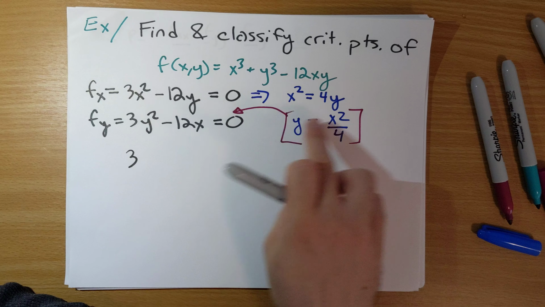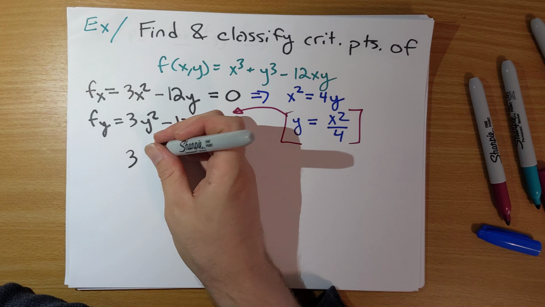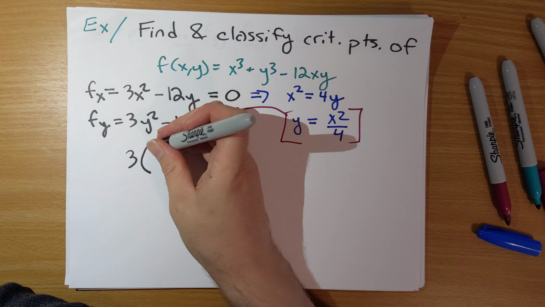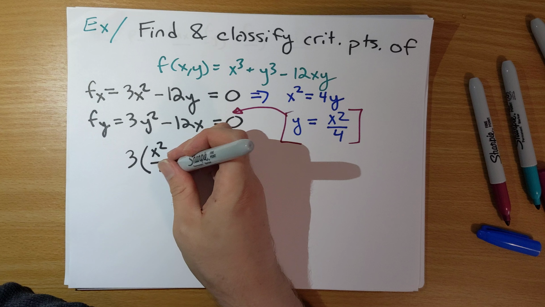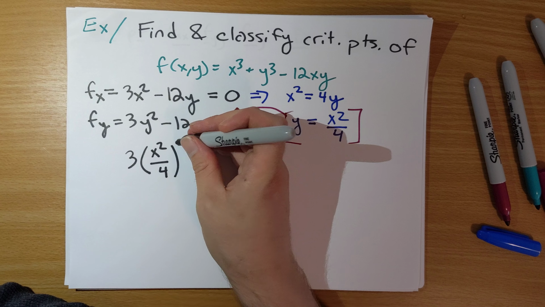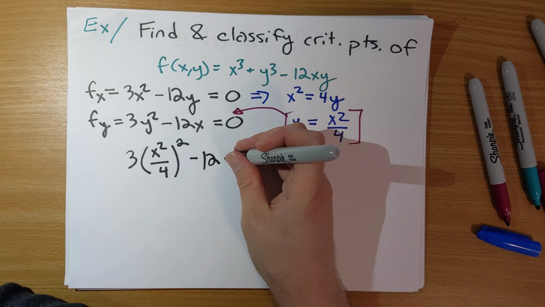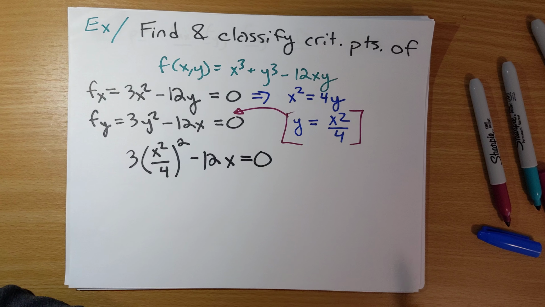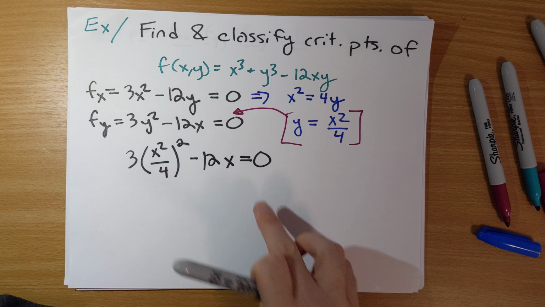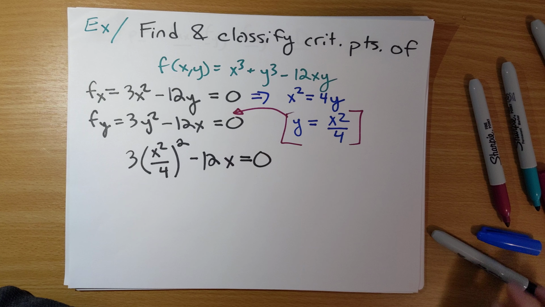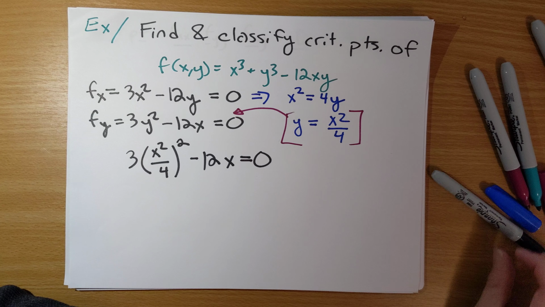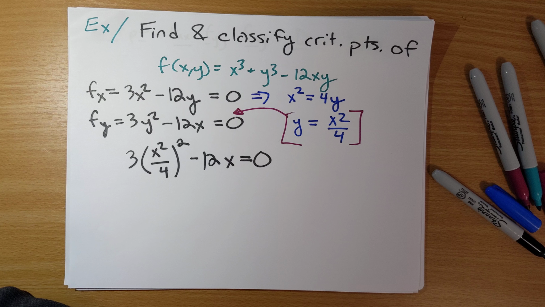Everywhere where we see a y, we'll put x squared over 4. So 3 times (x squared over 4) quantity squared minus 12x is equal to 0. So now we have an equation that just has x in it.